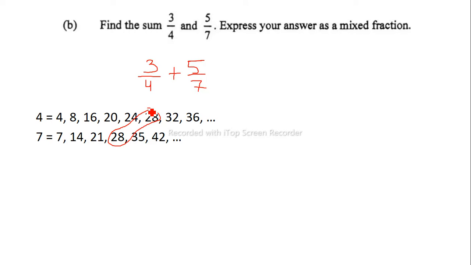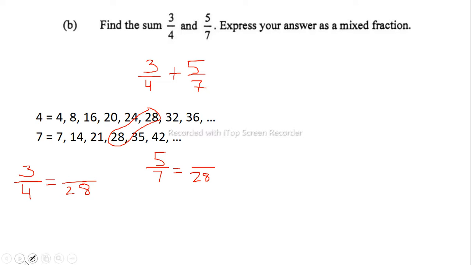Nothing else is common. Alright, so 28 is the lowest common multiple, so that means that we have 3 over 4, and we know it's going to be equal to, the number at the bottom is going to be 28, and then we have 5 over 7, so we know the number at the bottom is going to be 28.